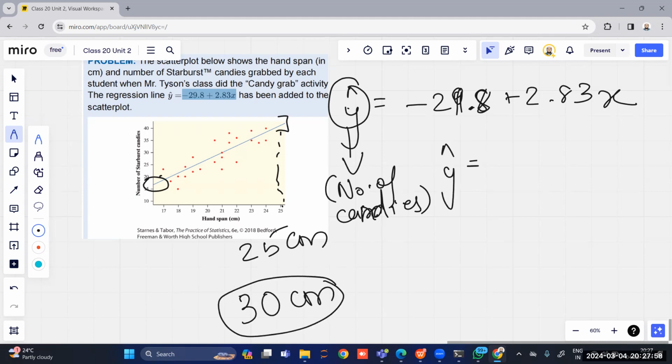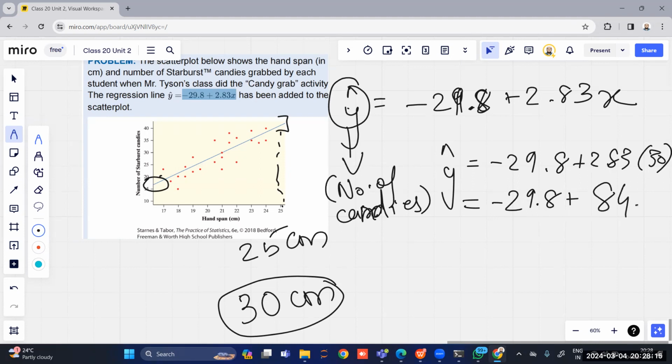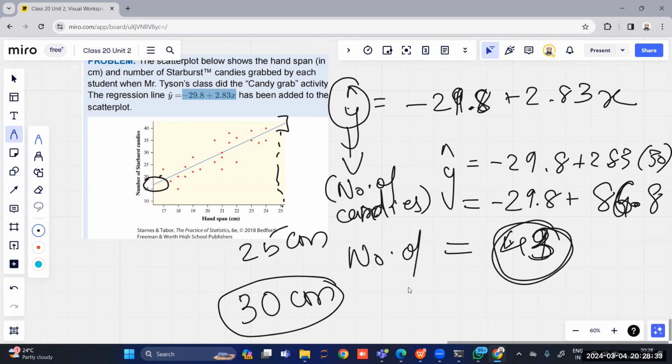So y hat equals minus 29.8 plus 2.83 times 30. That comes to about 84, say 86.8 rounding off, and when we subtract, it will be around 49 candies. So this value of the number of candies for a hand span of 30 centimeters will be less reliable. Yes or no?